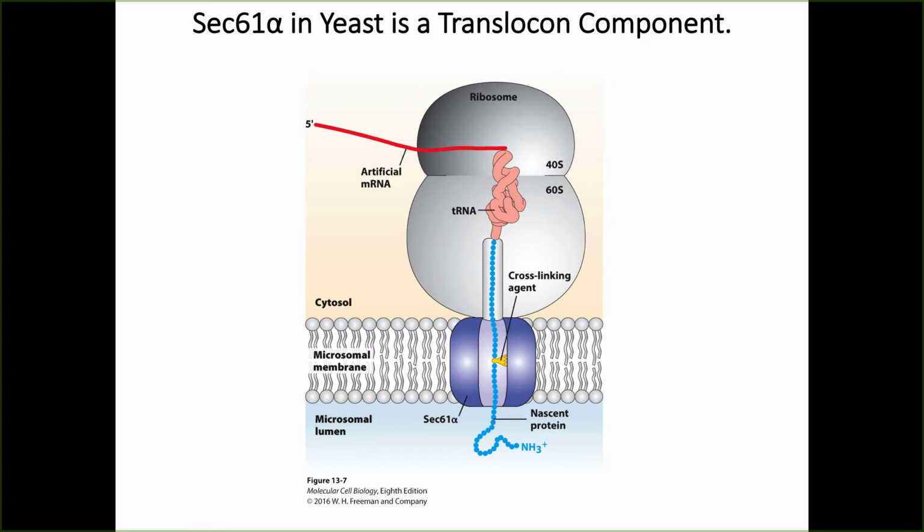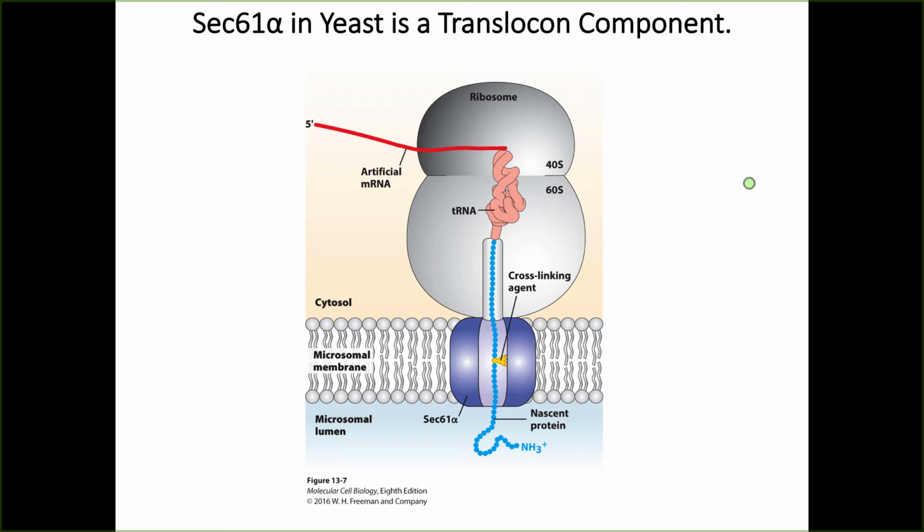And then this is Sec61 alpha, isolated from yeast, and you are doing an in vitro translation. When you do the in vitro translation, you add a specific type of lysyl tRNA, which has a modified lysine residue that, in the presence of a cross-linker, can do a cross-linking reaction.